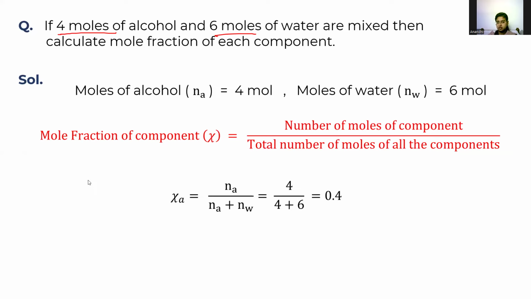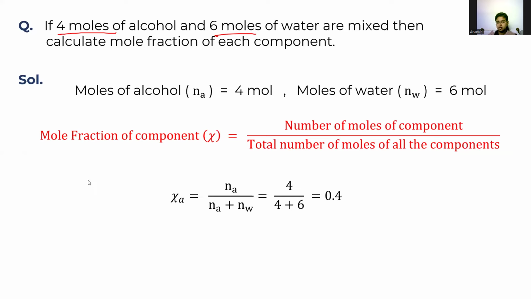So in this case, you have to find out the number of moles to substitute in the formula, right? You have to use number of moles is equal to mass by molar mass formula. Suppose I want to find the number of moles of component A, which is ethanol, C2H5OH. I will be substituting the mass of ethanol, which is 4 gram, divided by molar mass of ethanol.